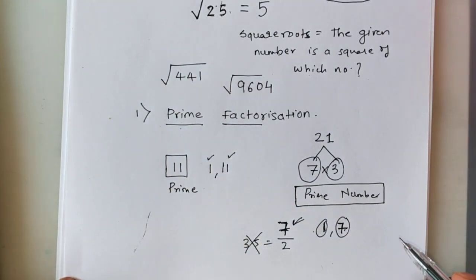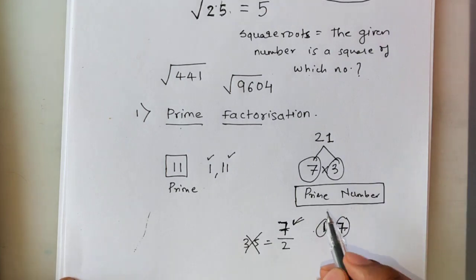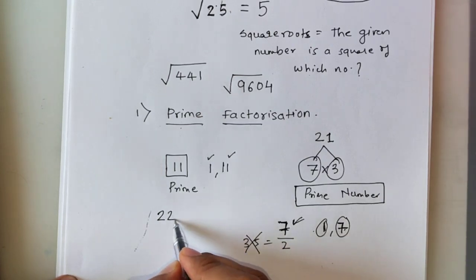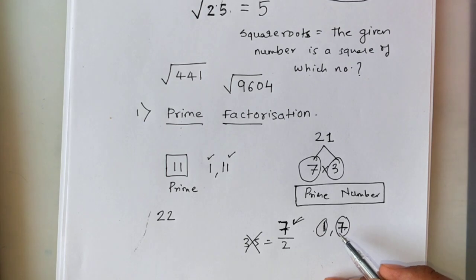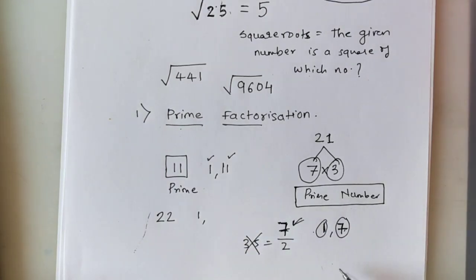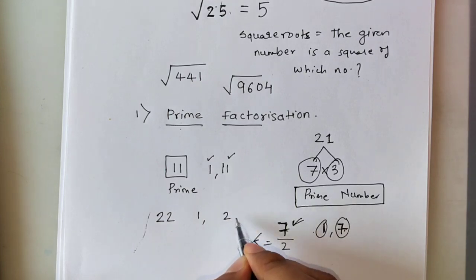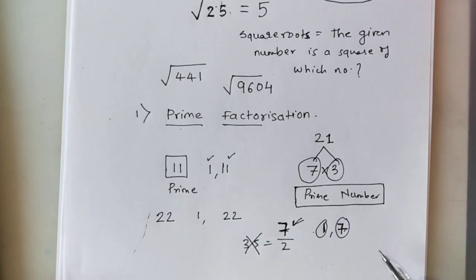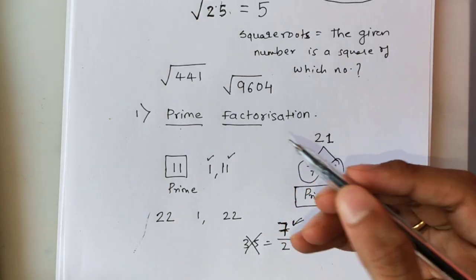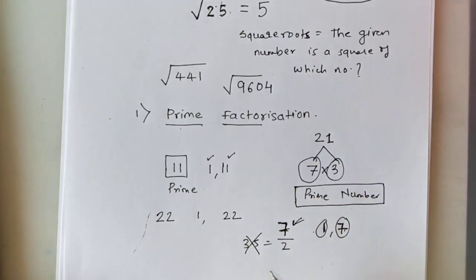Okay. Let's take a non-prime number. Let's take the number 22. Now 22 is divisible by 1 and by 22 itself. But there are other numbers which can divide 22. Think of a number which can divide 22.